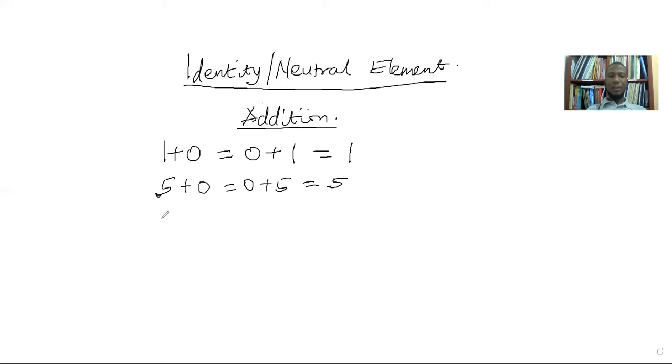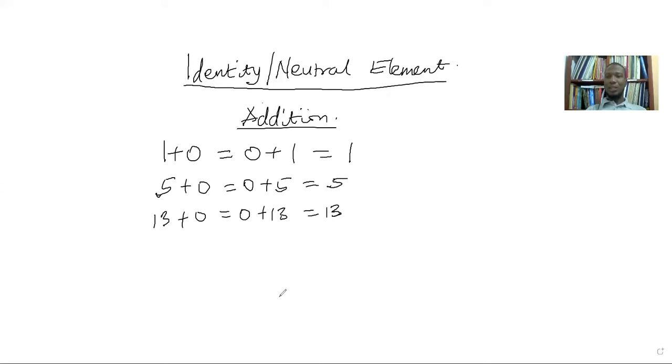Then let's use another number. 13 plus 0 is the same as 0 plus 13, and that gives us 13. So in each of these instances, we added 0 to the numbers involved and we got the same numbers back.